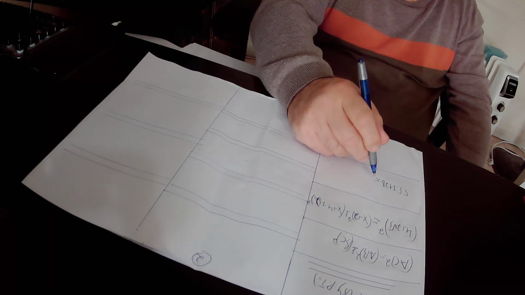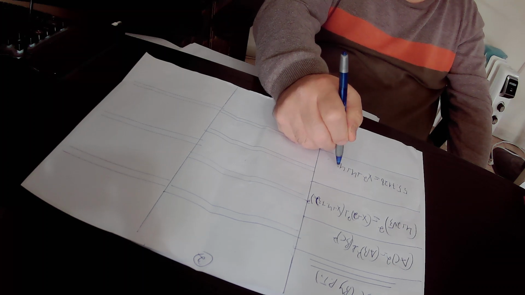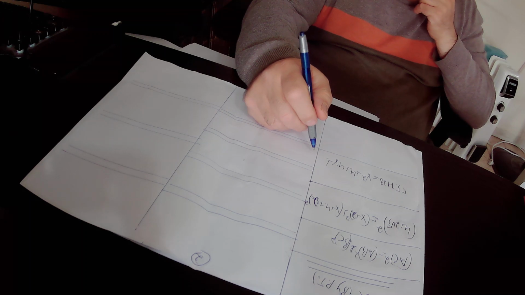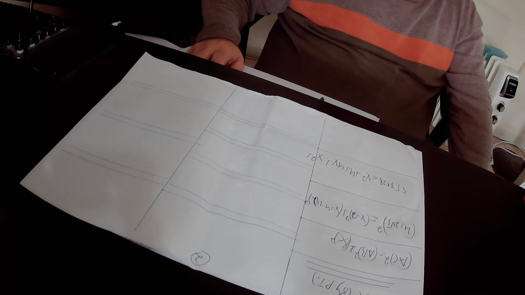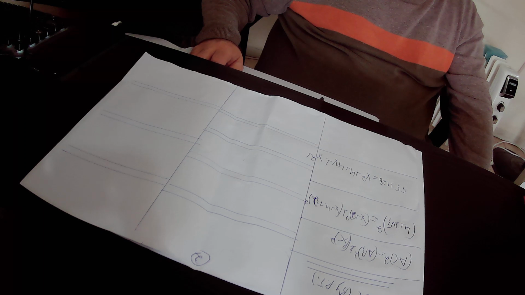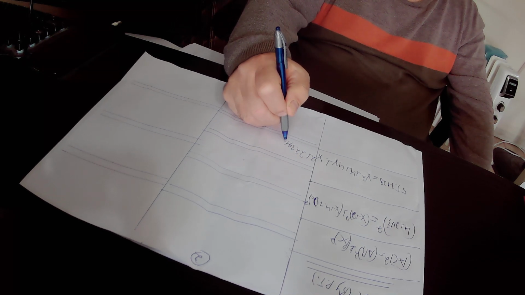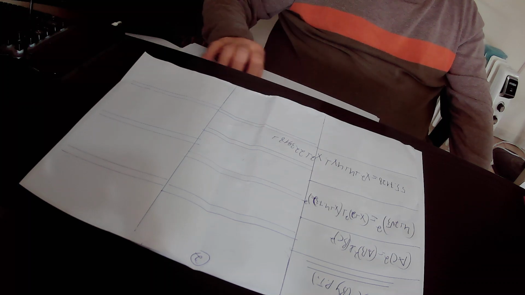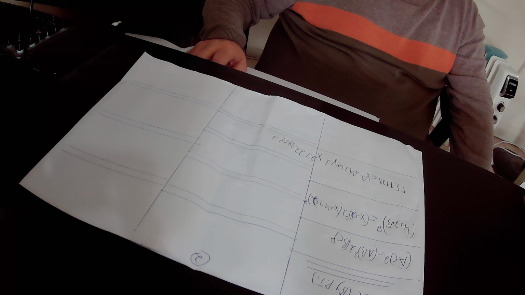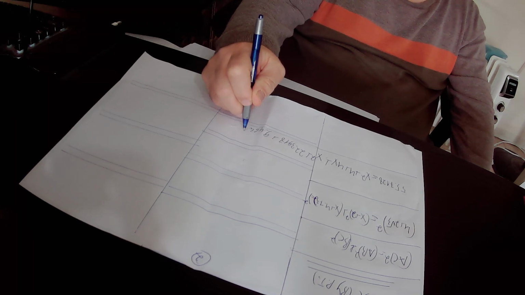X plus 2 square equals x square plus 2 square, that is 4, plus 2 times x times 2, that is 4x, plus x plus 4.732 square, that equals x square plus 4.732 square, which is 22.3918, plus 2 times x times 4.732, that is 9.464x.